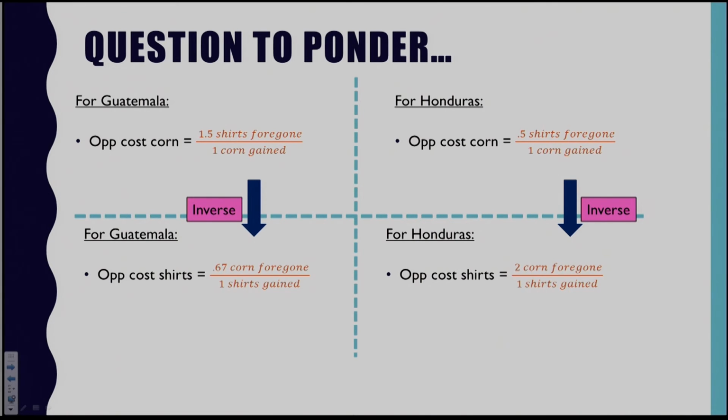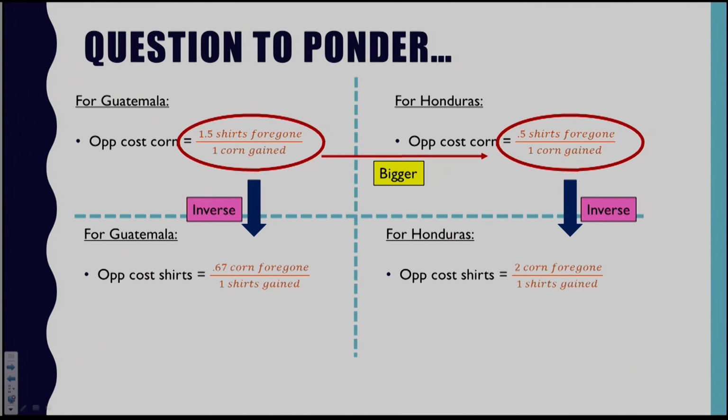All right, give me one more moment and I will drive this point home. Now, remember, when we're looking at comparative advantage, we have to compare between the two. So we compared opportunity cost of corn for Guatemala to the opportunity cost of corn for Honduras. And we noticed that 1.5 is the opportunity cost for Guatemala, 0.5 is the opportunity cost for Honduras.